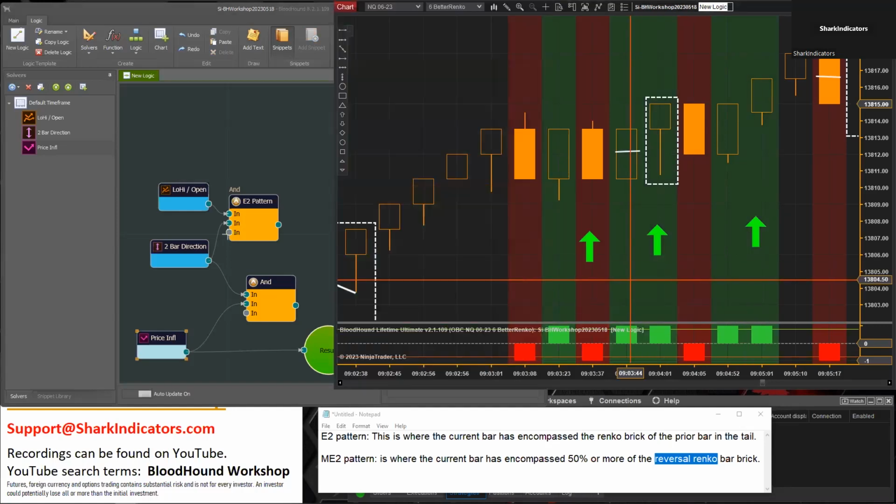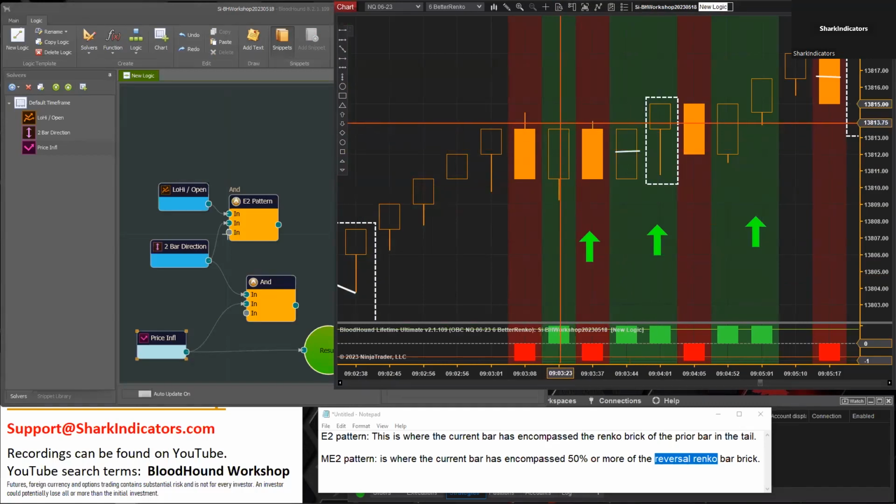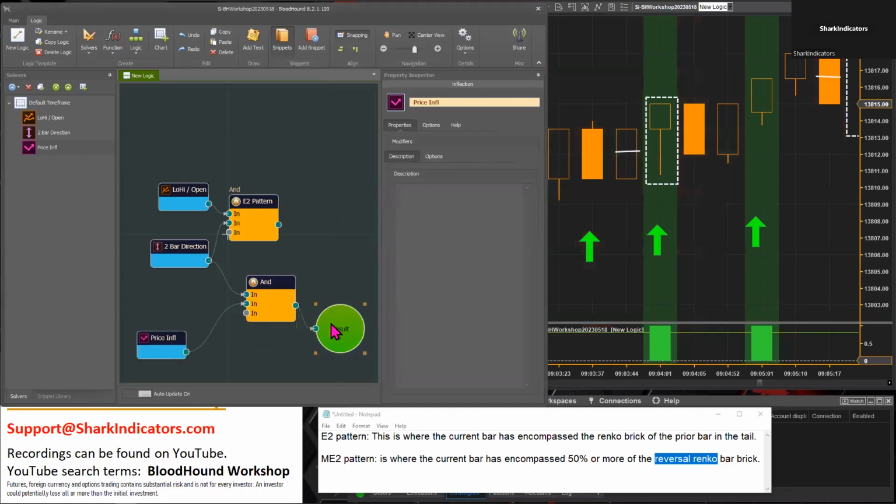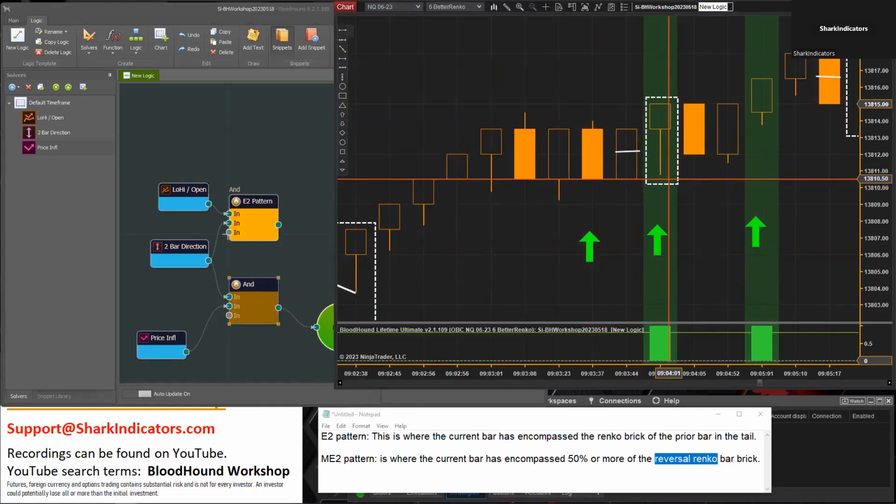And when we do that, bingo, we get a long output on the reversal bar and on the next bar as well. So now when we look at the AND node, there is our output, which is just identifying that the next bar is a continuation bar.